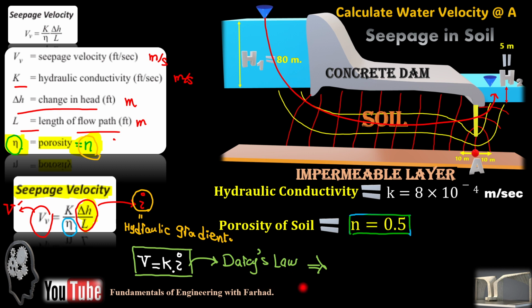If you substitute Darcy's law into the seepage velocity, you can easily see v sub v, or v prime, is nothing but Darcy's velocity divided by eta or n, which is the porosity of soil. So far we know v prime in terms of equation is equal to k times i over the porosity of the soil layer, which is provided.